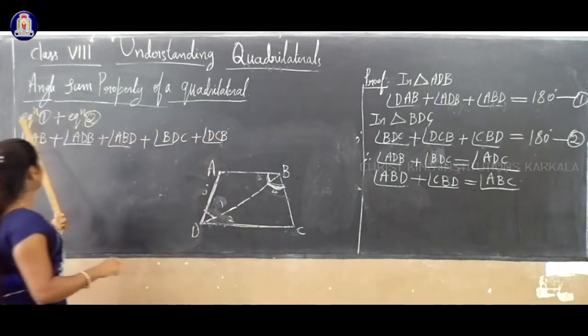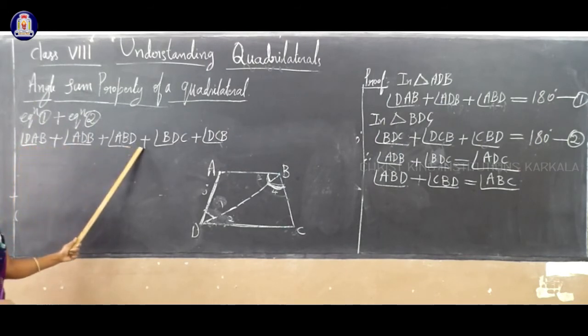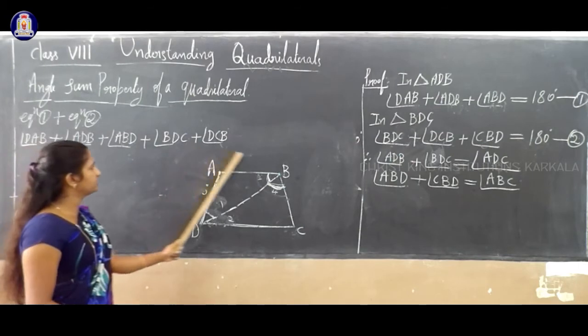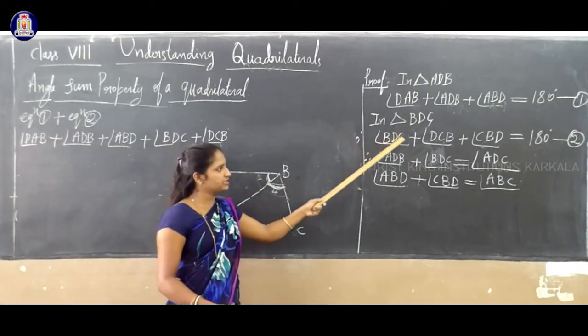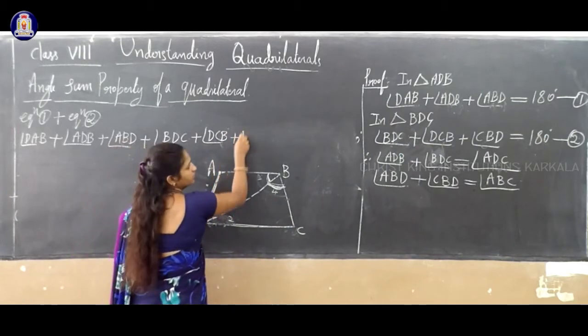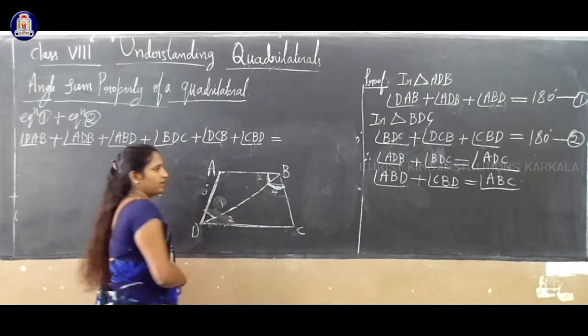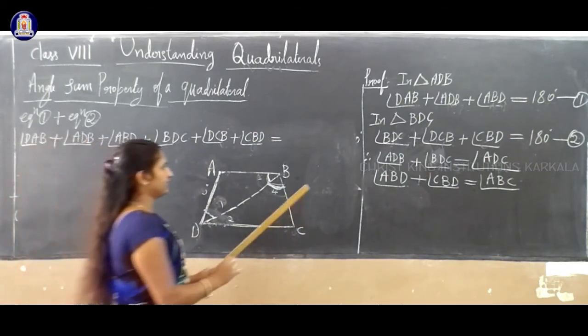Here equation number 1 plus equation number 2. Equation number 1 left hand side is this, clear? Equation number 2 left hand side this one, clear? BDC plus DCB plus one more, that is CBD, okay?